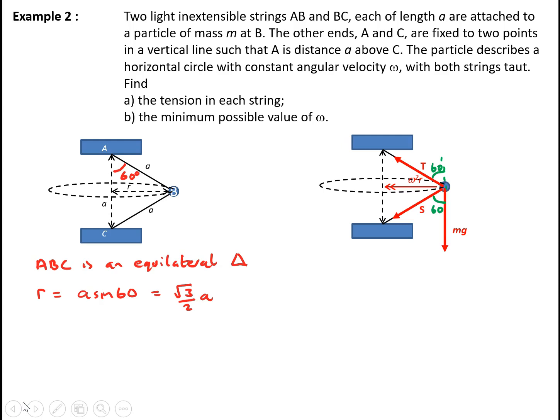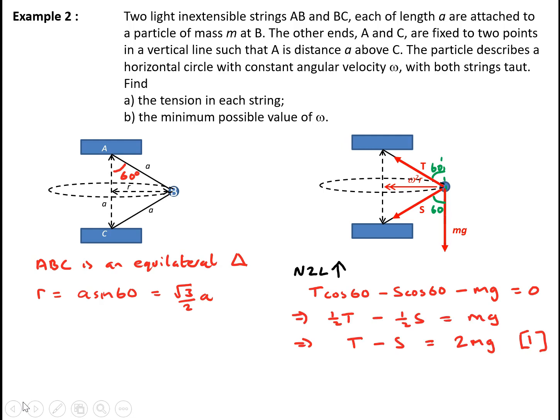Applying Newton's second law vertically, the resultant force, T cos 60 minus S cos 60 minus mg, must equal the mass times the acceleration vertically, but there is no acceleration vertically, so it equals 0.